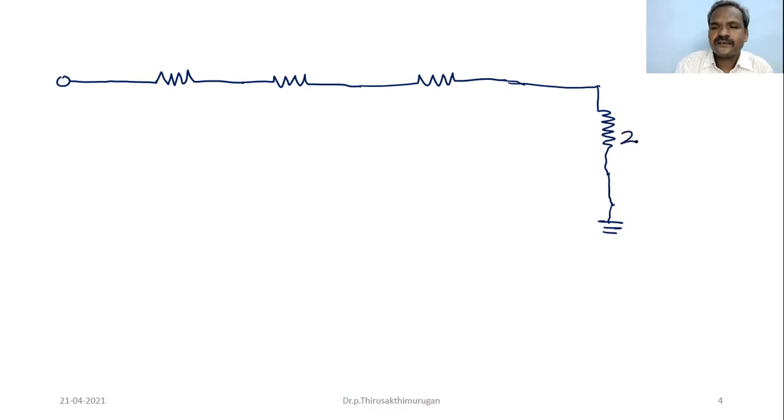This is basically an R-2R binary ladder DAC, also called a binary ladder network DAC.